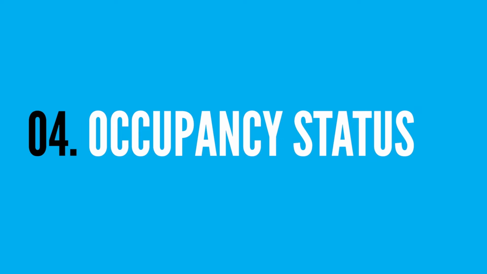Another factor lenders will look at when analyzing the risk is how you intend to occupy the home. Lenders care about whether your home is your primary residence, which means that's where you'll be living, or if the home will be a second home like a vacation property, or if the home is an investment property that you'll be renting to others.